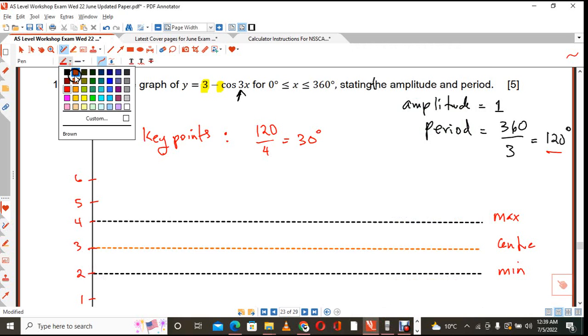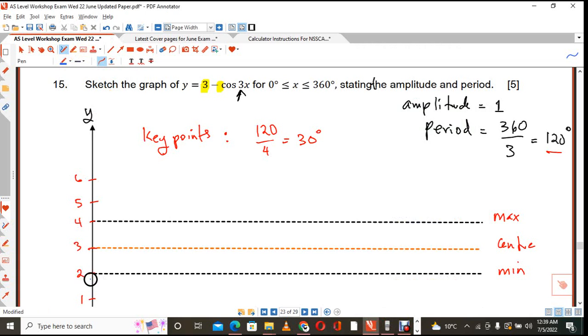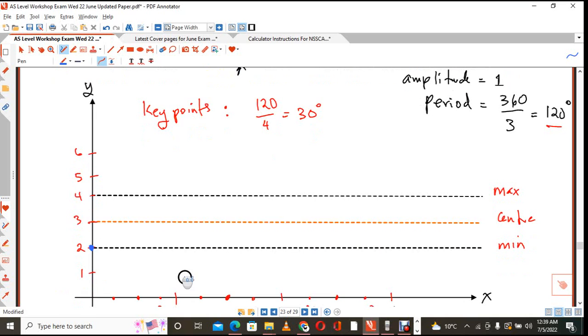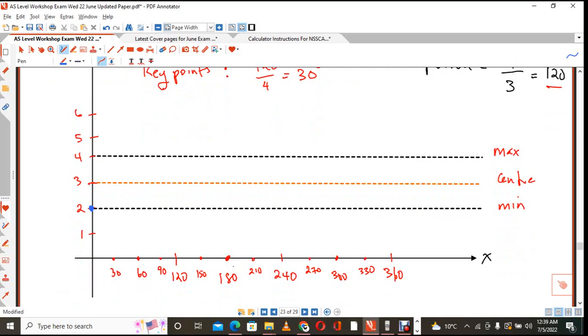Maybe I must use a different color just to show you: x is 0, that is 2. So that is the point I'm referring to. Let me just bring this up a little bit. Okay, bring my calculator back to find the other values, because it's very important that you get those key points in order for you to be able to sketch that. Okay, where are we at? Bring my calculator back. So there you go.